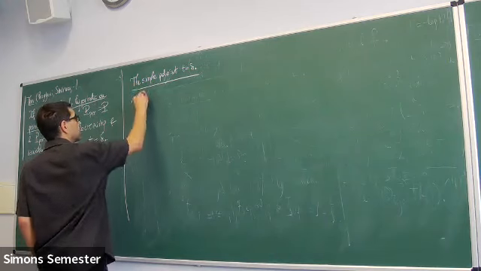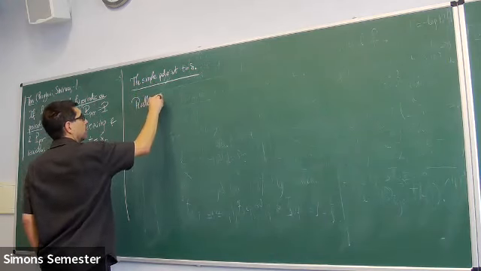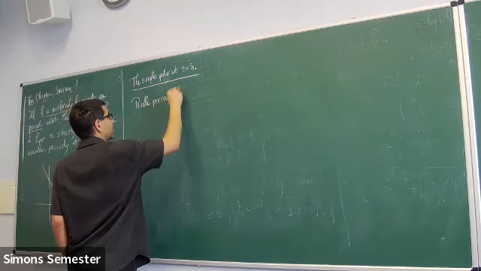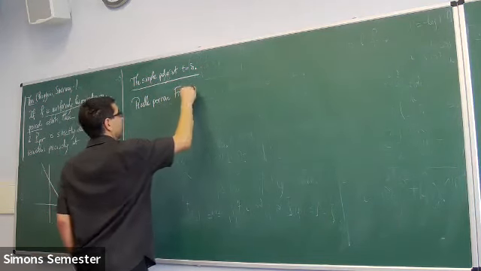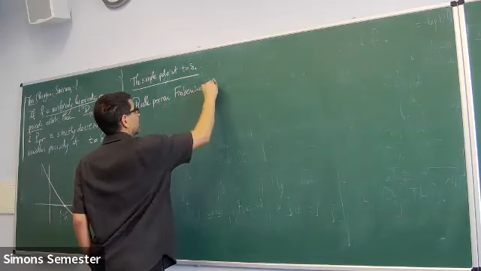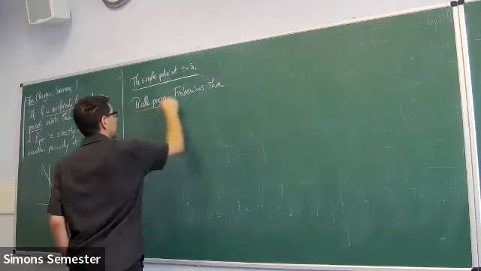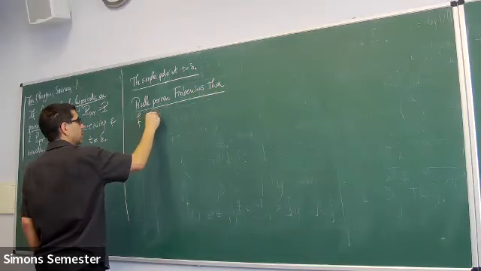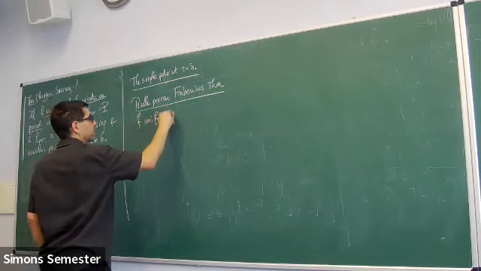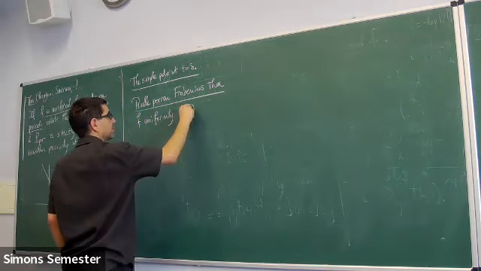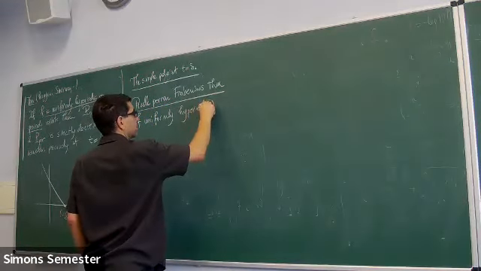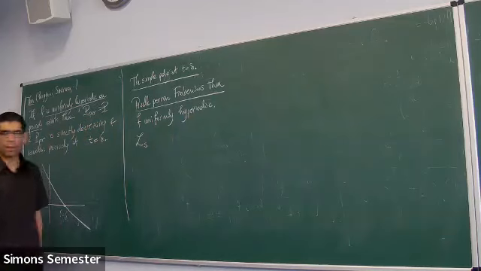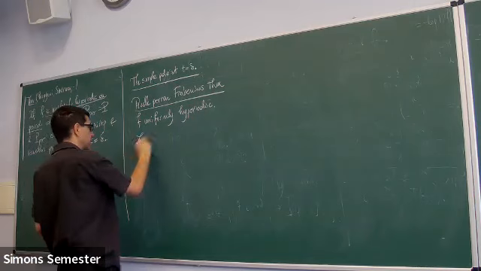We have this Ruelle-Perron-Frobenius theorem. Let's say that F is uniformly hyperbolic, and let's introduce this operator, the transfer operator.